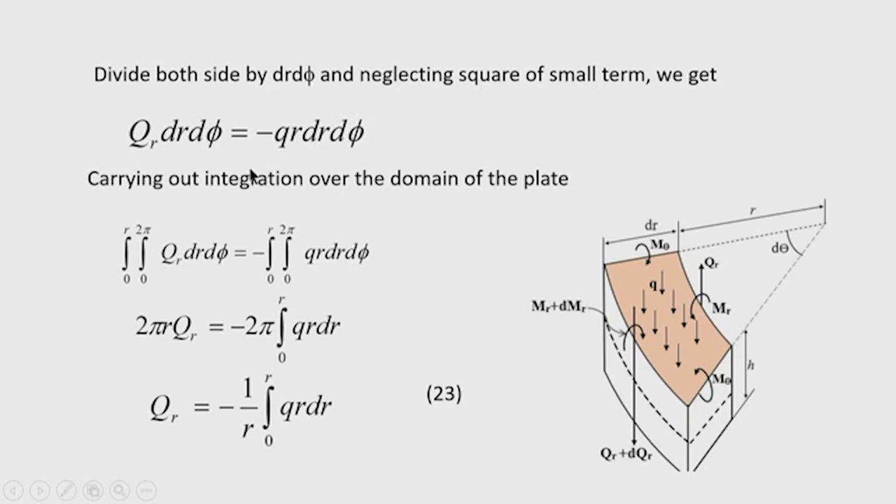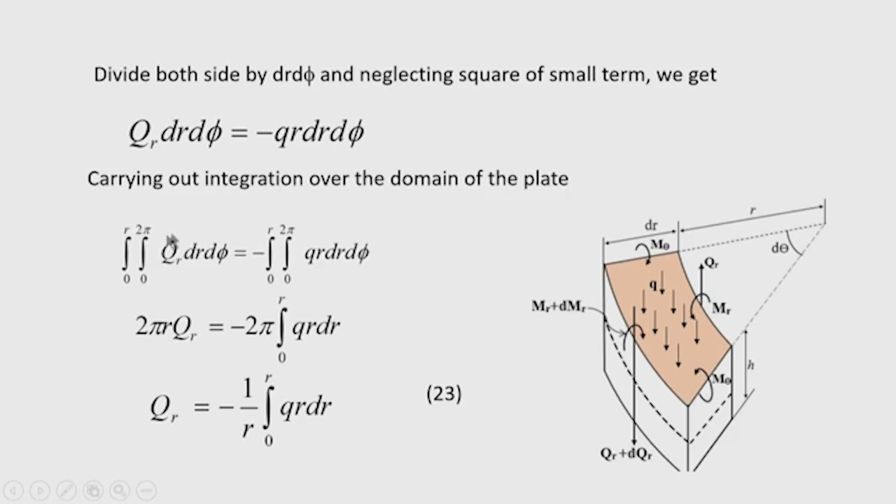Now, carrying out integration over the domain of the plate. Now, let us integrate it. So, the domain of the plate is, for radius at any radial distance r, the radial distance varies from 0 to r. So, 0 to r is the limit for the radius, and the angle after full rotation, because it is an axisymmetric condition.